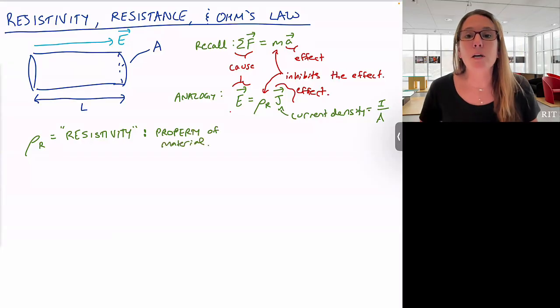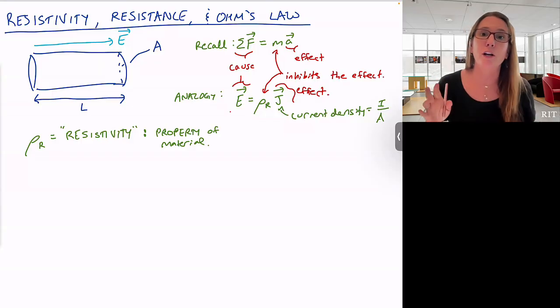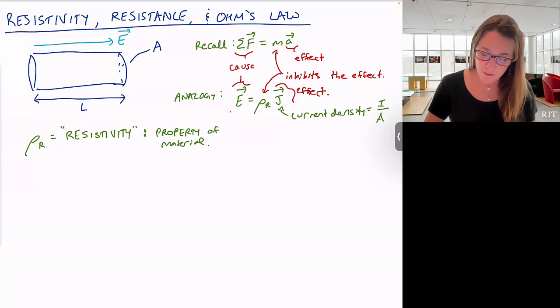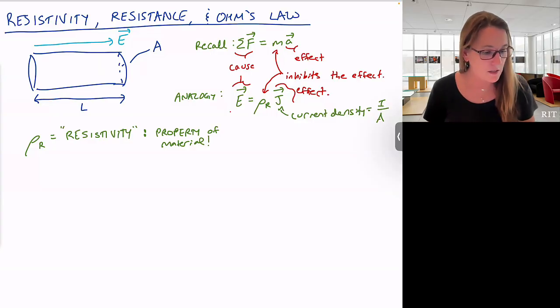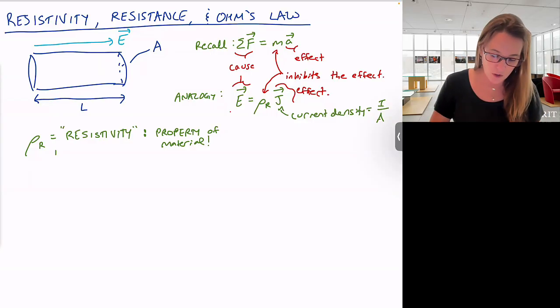And that's going to be because we have used the current density here, and so that allows us to talk about just the current per area. So we're kind of taking some of the geometry out of this. It's a property of the material, and it's a measure of how much that material inhibits charge flow.